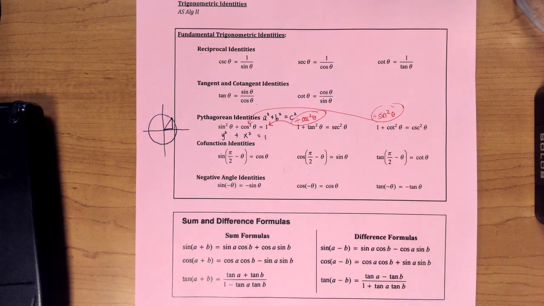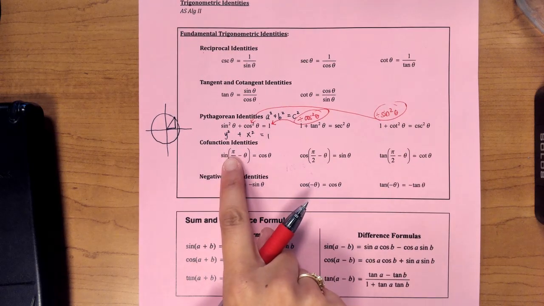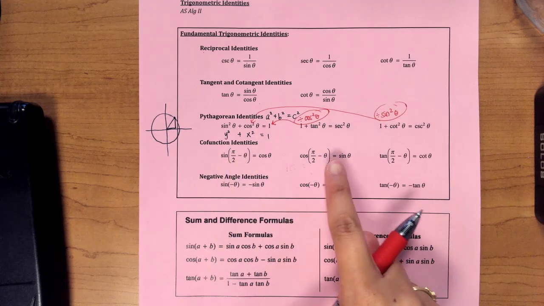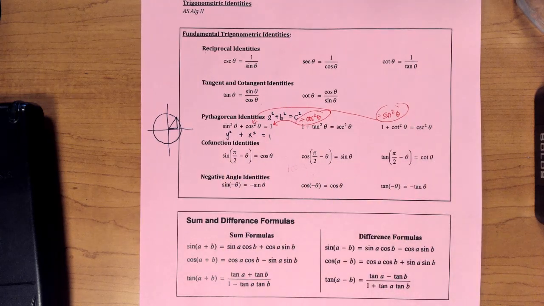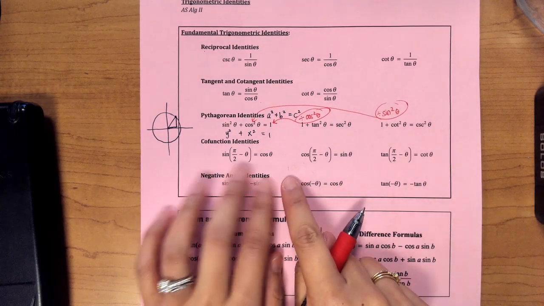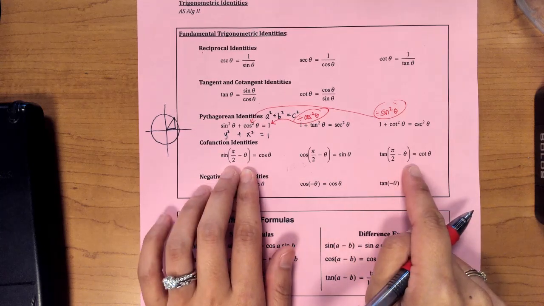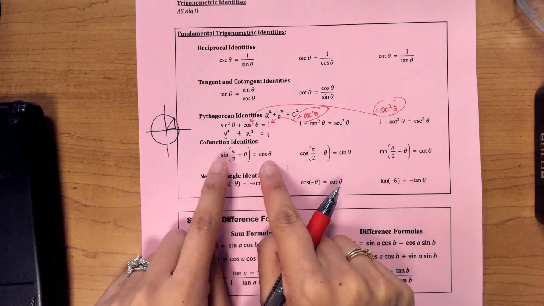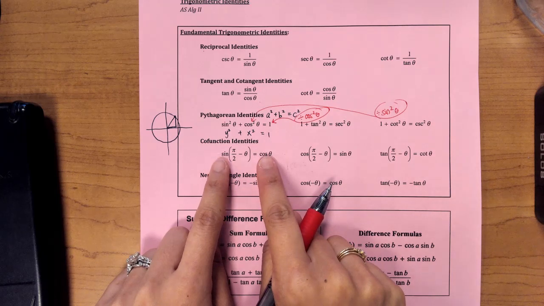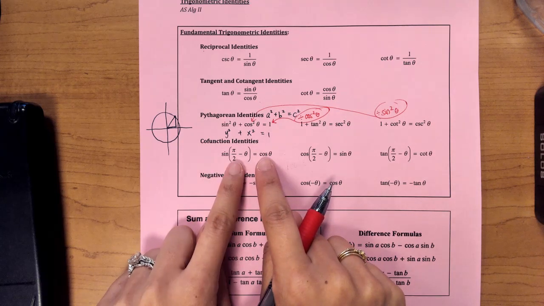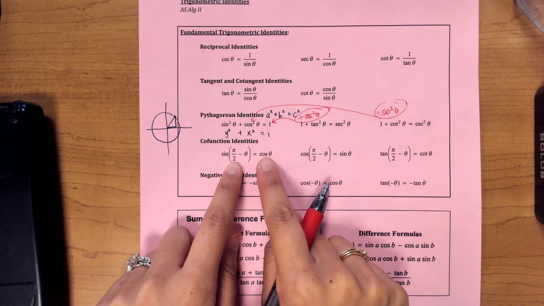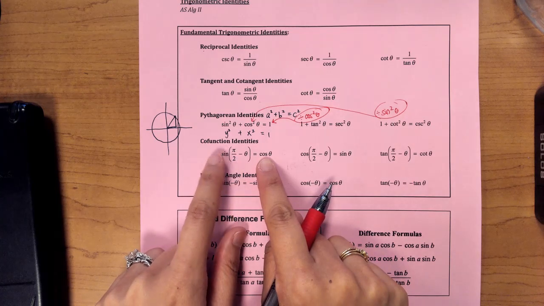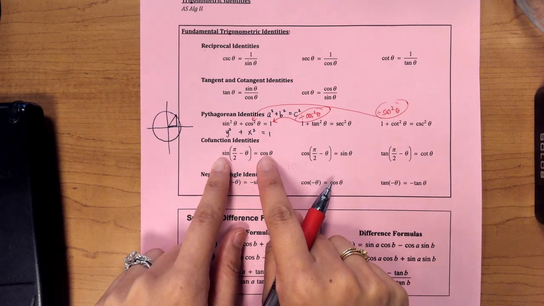Okay? The next thing we can talk about is co-function identities, which recognize that sine graphs and cosine graphs are very closely related, right? If we have a phase shift of pi over 2, then our sine and cosine graphs are exactly the same.